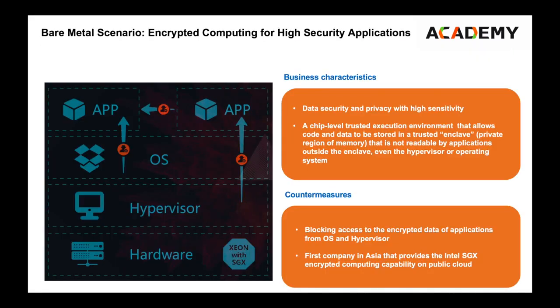Here's a scenario where bare metal might come in handy. So again, because there's no virtualization, you can use the raw hardware directly. That means you can use special purpose functionality that's built into the Intel processor.